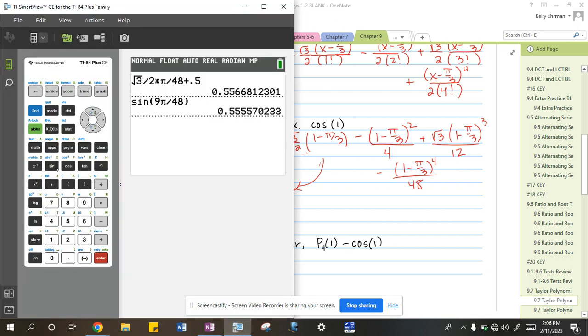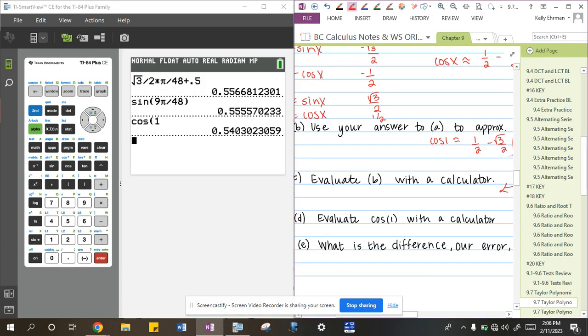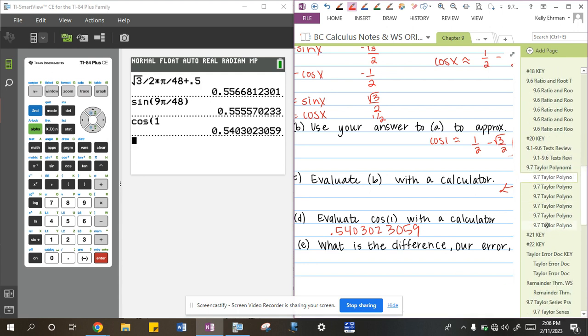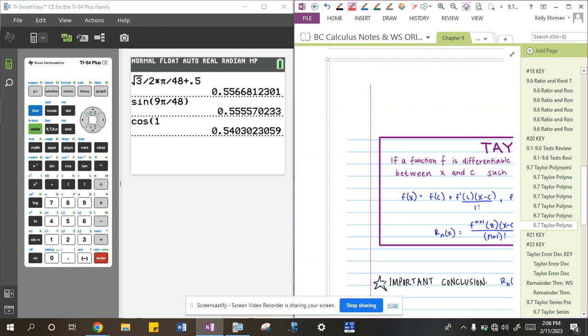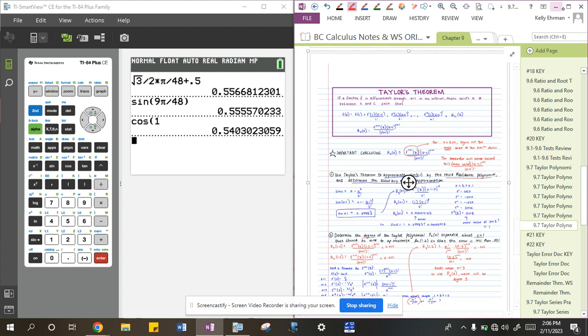So let me see what that comes out to, in radian mode. Cosine of 1 is 0.5403023059. And you know what? I'm going to cheat a little bit so I can see what these answers were without my battery running out.